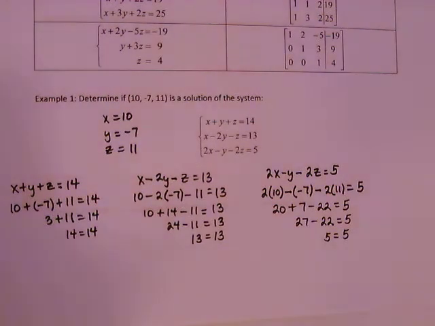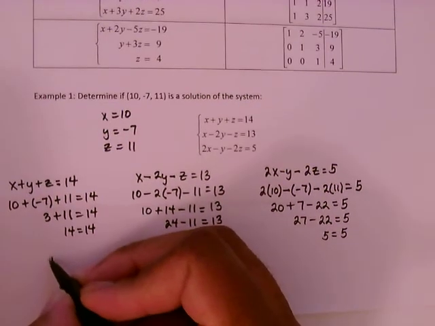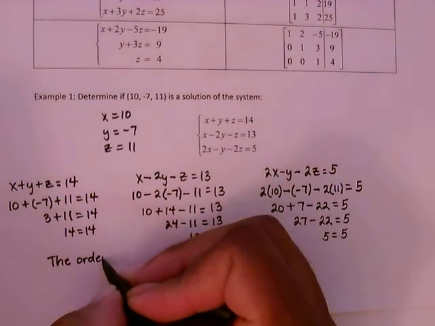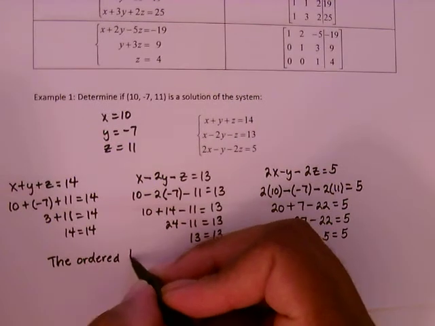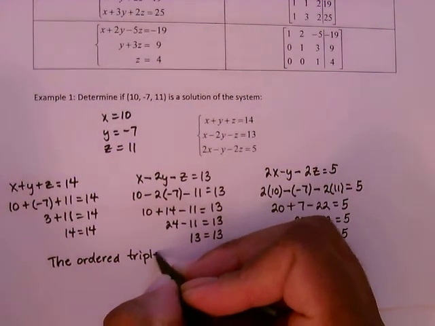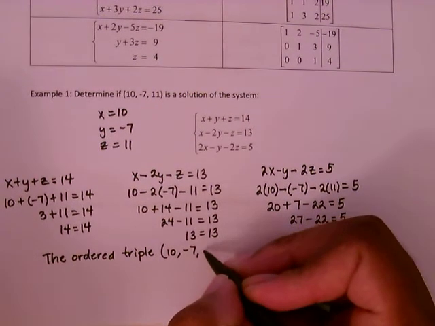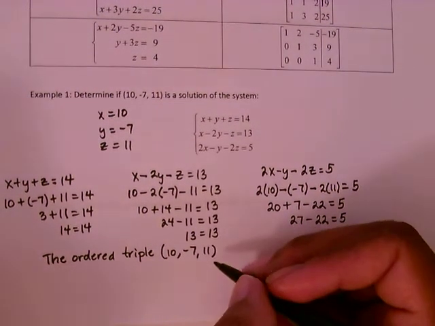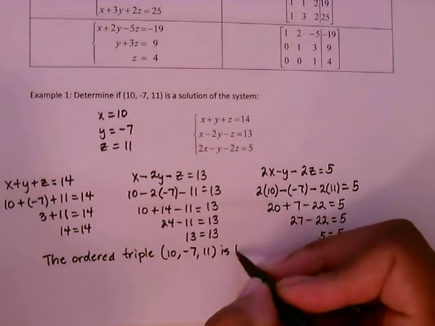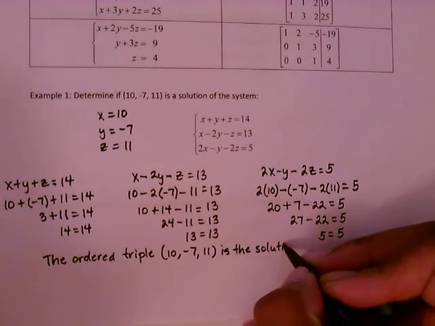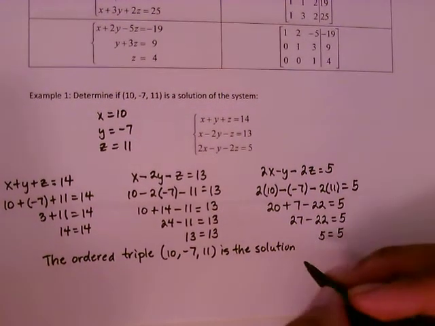So I can conclude that the ordered triple (10, -7, 11) is the solution to the system.